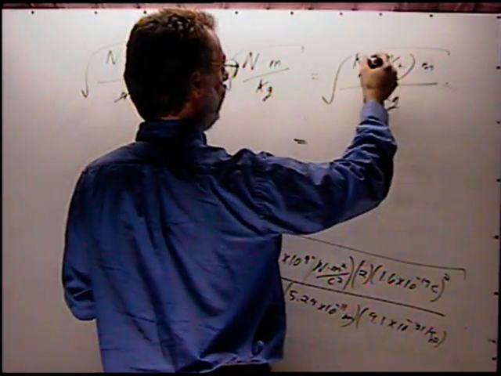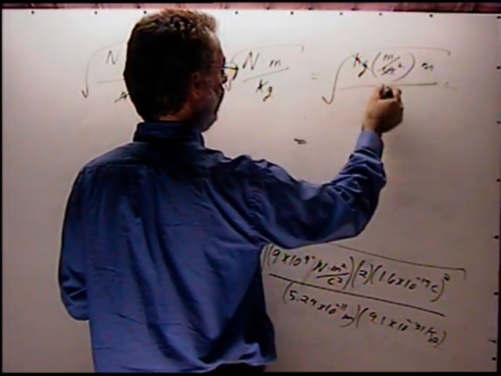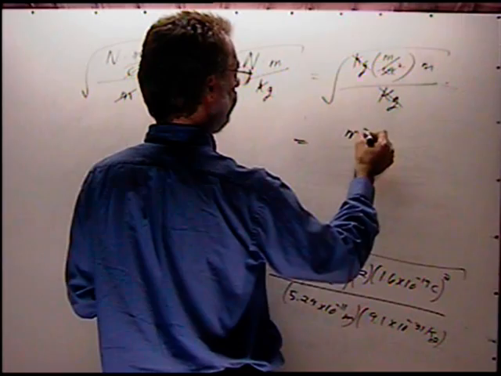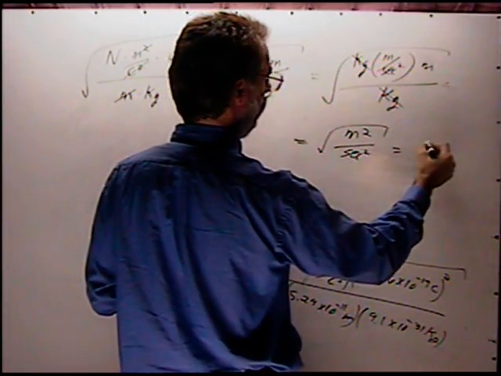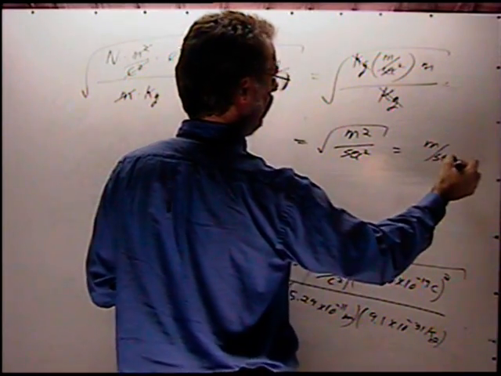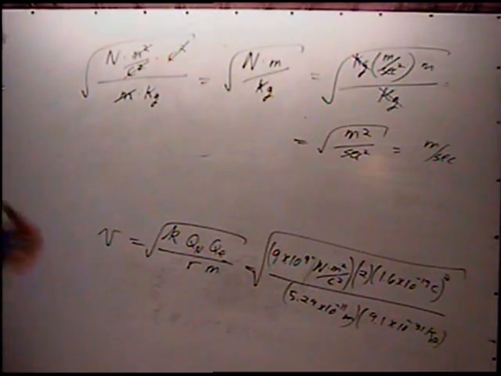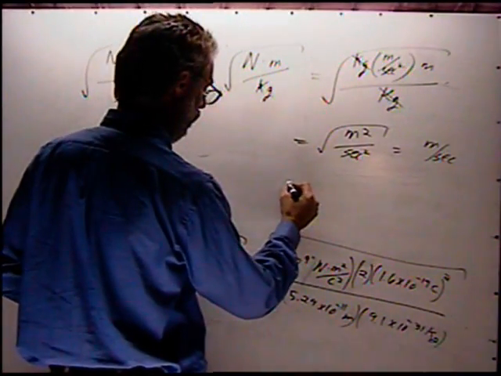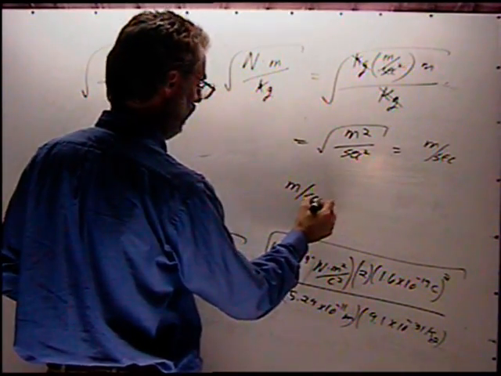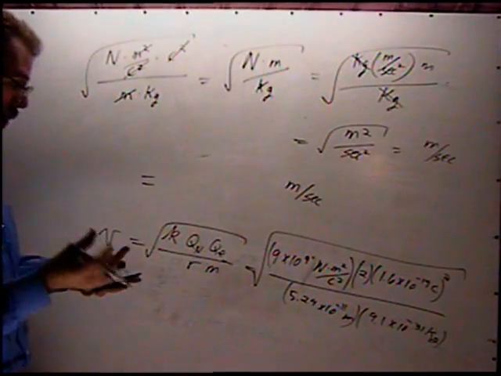Notice that kilograms cancel out, and we're left with meters squared divided by seconds squared, but we take the square root of that, and we get meters per second, which is a velocity, and that's exactly what we need. So the velocity here is going to come out to be units of meters per second, just like we want it to be.